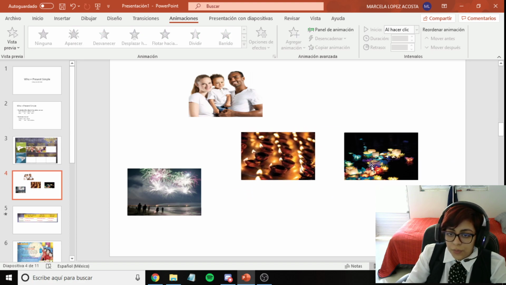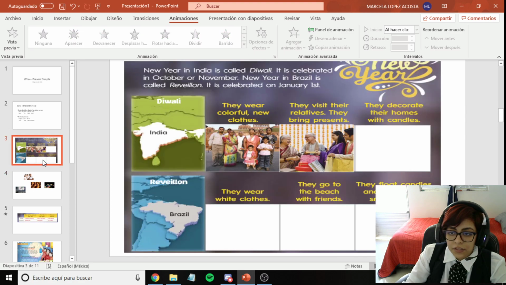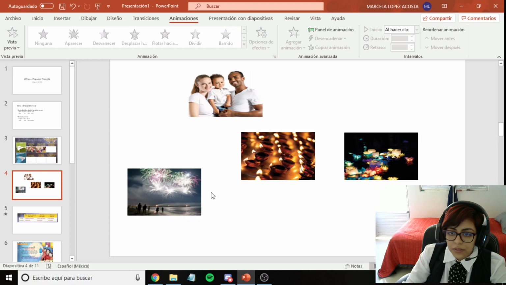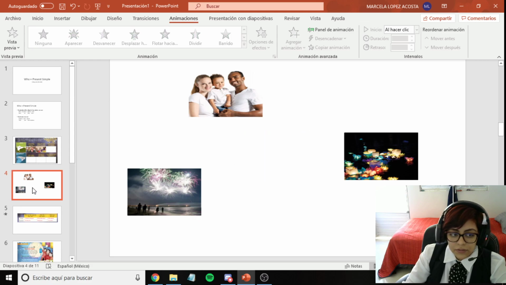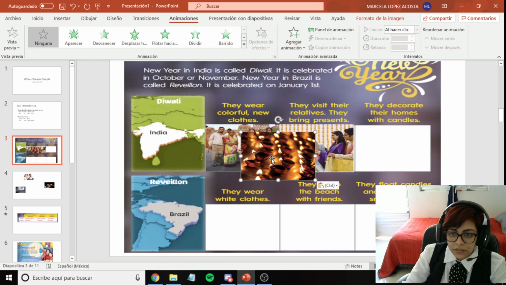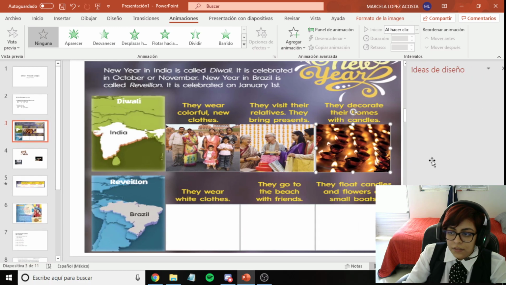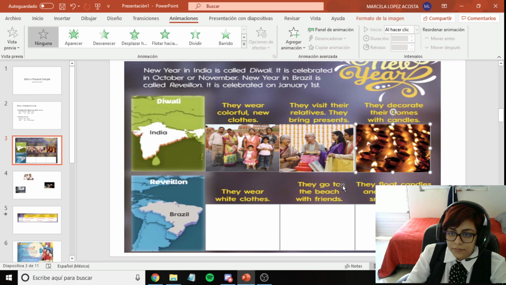But these ones are in a river. Do they mention that they put them in a river? No, they don't put them in the water or in the river. So we are going to take these candles, right? Because they are decorations. So we put them here. They decorate their homes with candles.